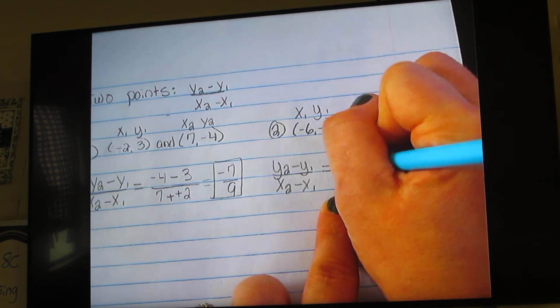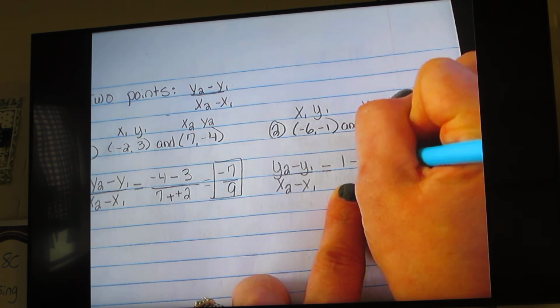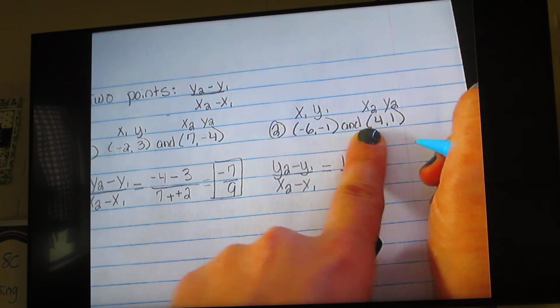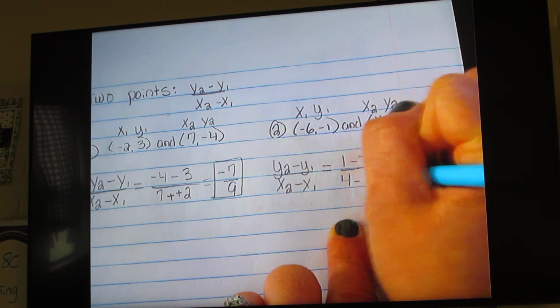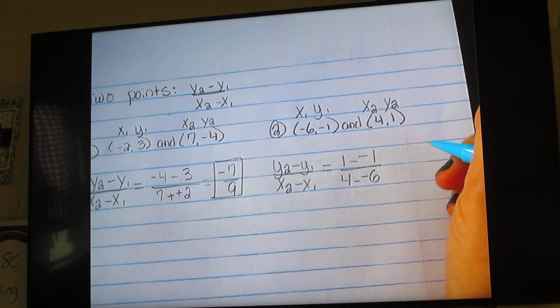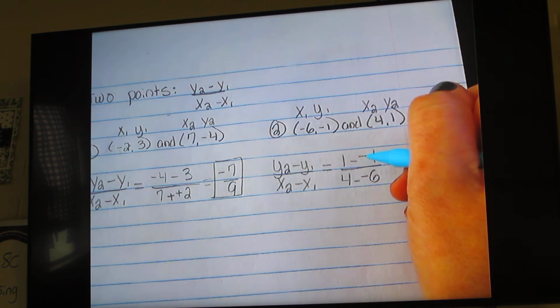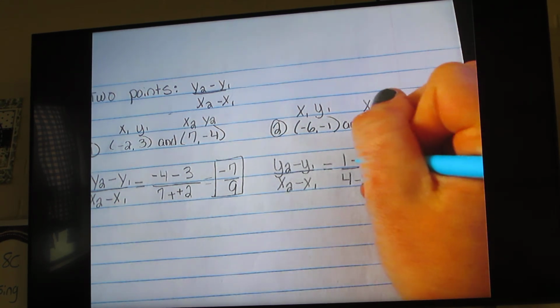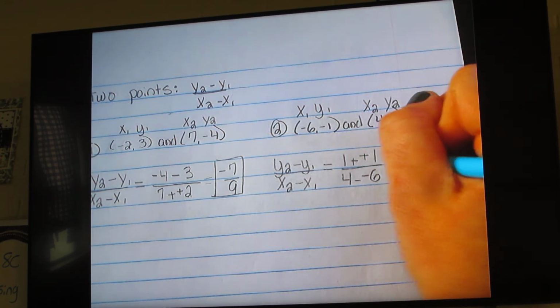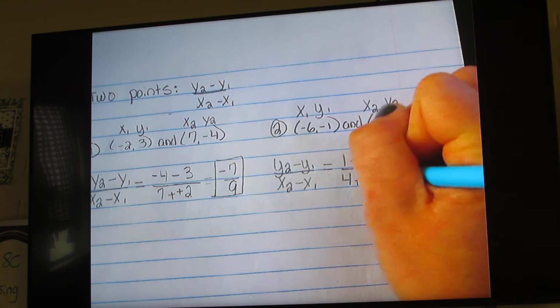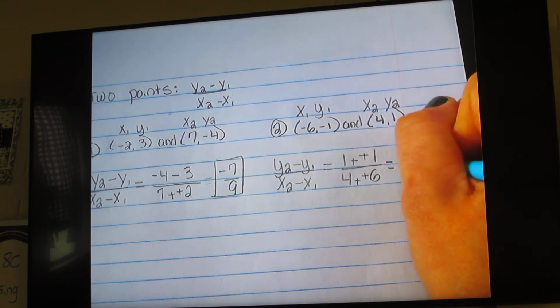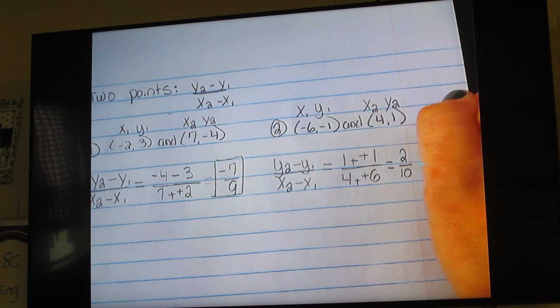So 1 minus -1 over 4 minus -6. Make sure, y'all, I see this mistake all the time. Make sure you don't just put a minus or you don't just put a negative. You have to put both. So minus a negative, 1 plus 1 is 2. Minus a negative, 4 plus 6 is 10. 2 over 10, you can divide by 2 on the top and bottom to simplify to 1/5.